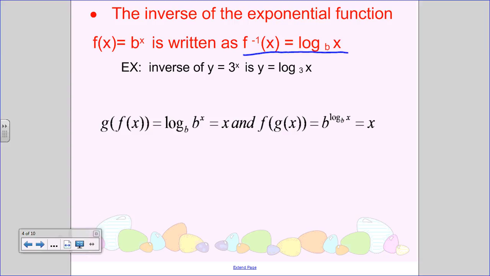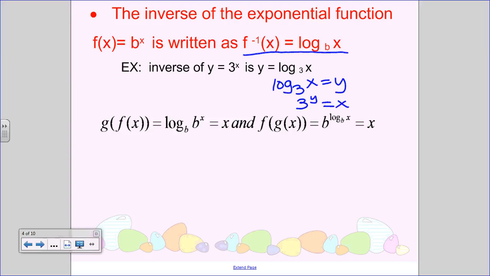Remember back to when we first talked about finding inverses, we always talked about switching x and y and then solving for y. Yesterday, when we learned what logs were, this function log base 3 of x equals y, we would have written in the exponential form as 3 to the y equals x.